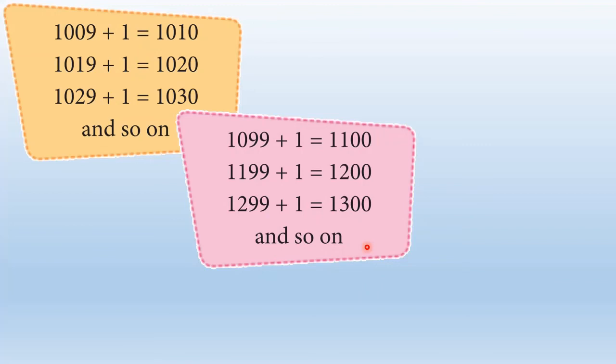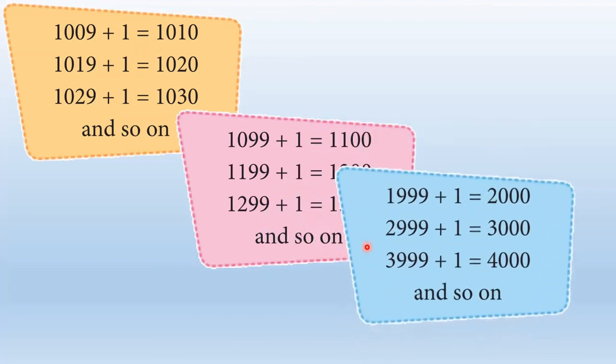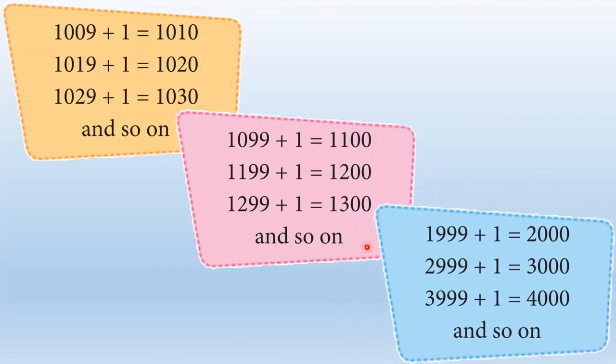If you go on adding, we will get higher and higher numbers. Here we have some more examples. 1999 plus 1 is 2000. 2999 plus 1 is equal to 3000. 3999 plus 1 is equal to 4000, and so on.